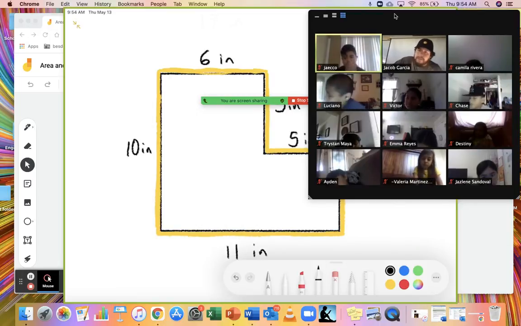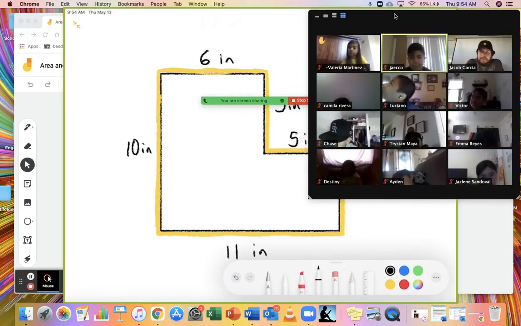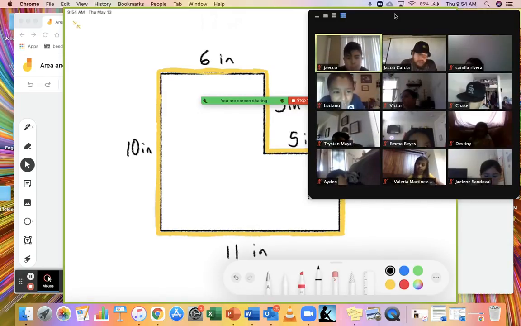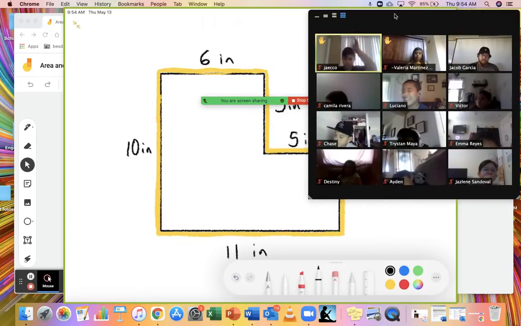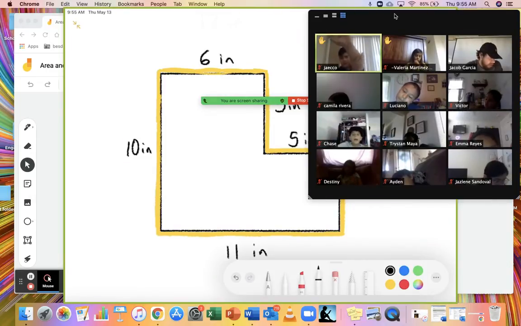So what are we going to have to do instead, Emma? If we can't just put in a formula, what are we going to have to do instead? What do you think? We don't have a formula for this type of shape. All we have a formula for is squares and rectangles. So what should we do? What can we do?